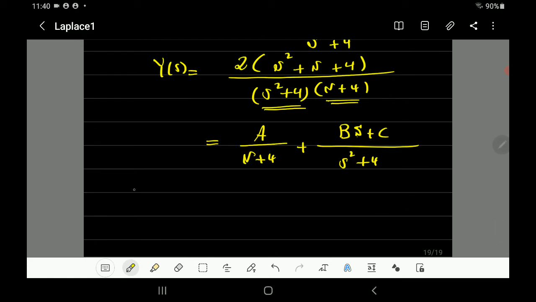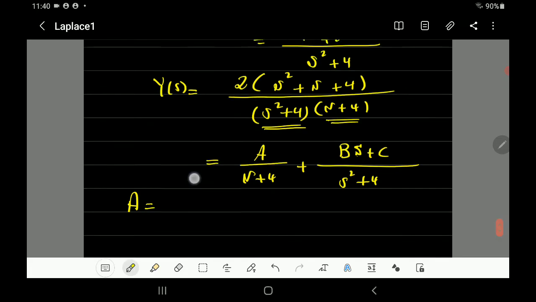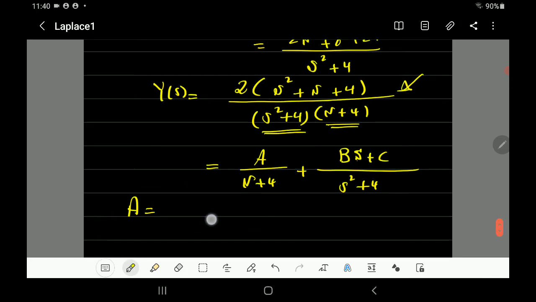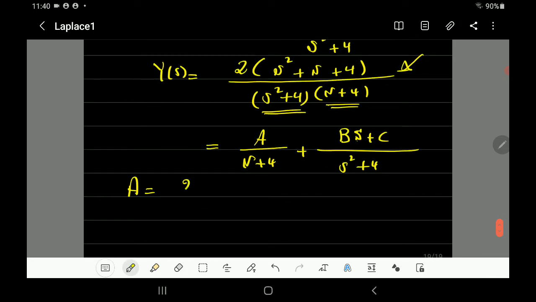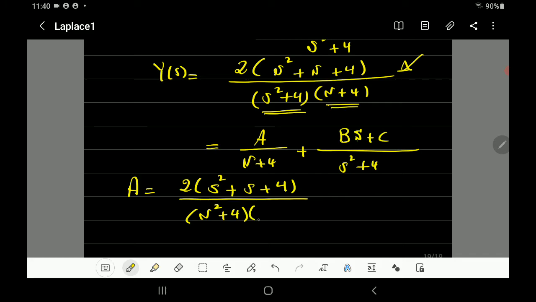It's easy to find a. How do you find a? You look at the expression of Y(s). You just write 2s squared plus s plus 4 divided by s squared plus 4 times s plus 4. Now you want to find a, and the denominator of a is s plus 4, so you just erase it from here.